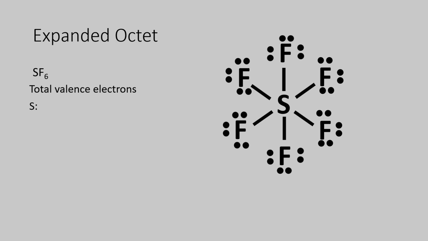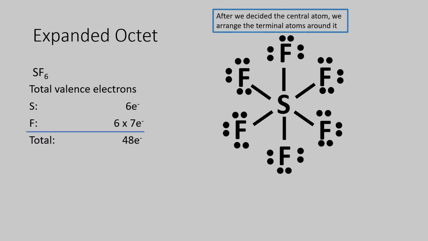So kita kira total valence electron, kita dapat 48, and kita dah susun dia punya central atom, and kita susun semua, and at the end kita akan dapat sulfur with 6 terminal atoms attached to it. So dia already ada 1, 2, 3, 4. Berapa elektron yang ada kat sulfur ni?